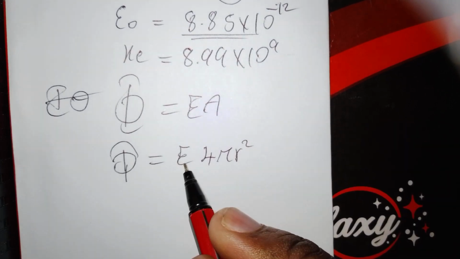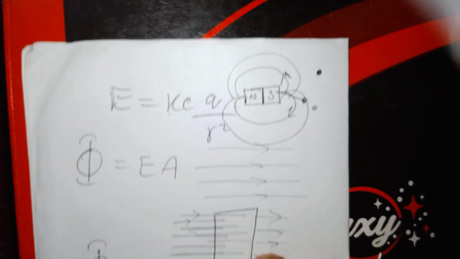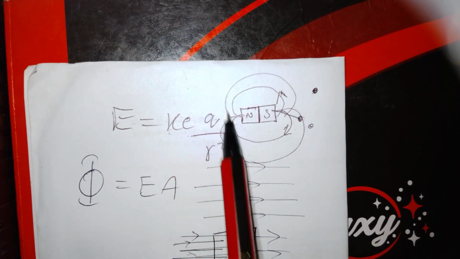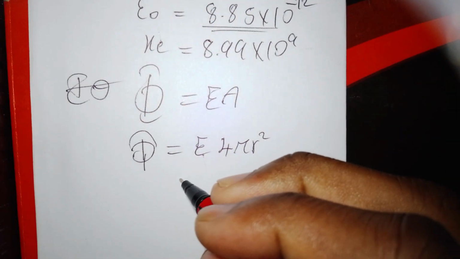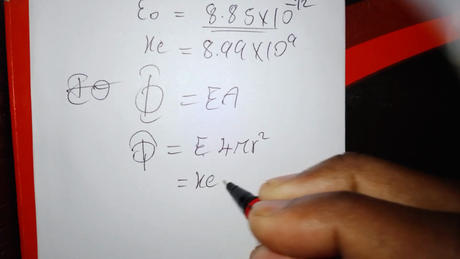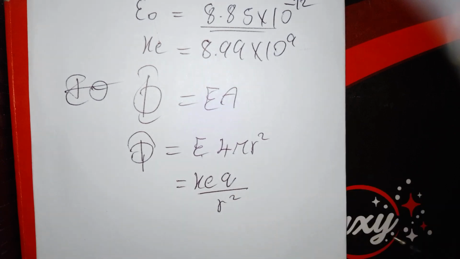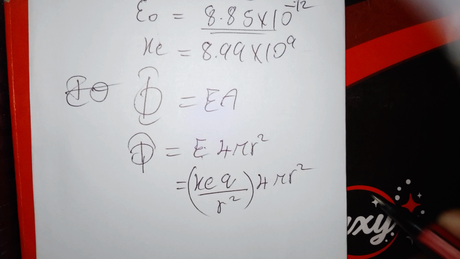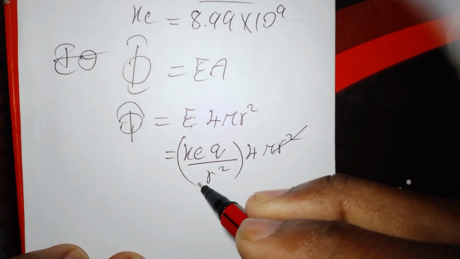We know E is the electric field, given by this formula, so let's write E in terms of it. It's going to be Ke Q divided by R squared, times 4 pi r squared. So what we can do now is cancel this out.